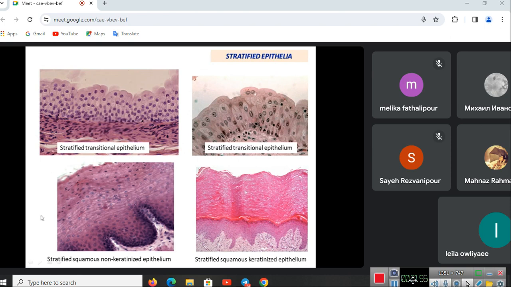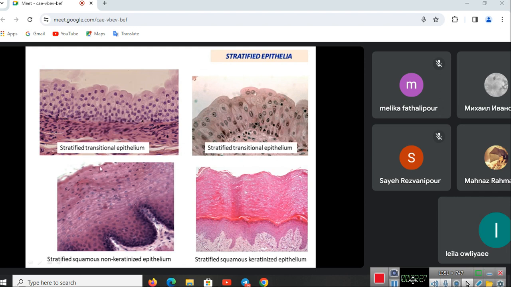Next, stratified squamous non-keratinized epithelium in the left bottom picture. Stratified epithelium because it has several layers. Squamous because the cells in the superficial layer have flattened cell nuclei. We cannot see here the borders between the cells, so we cannot say what the shape of the cells is here, but we can see the shape of their nuclei.